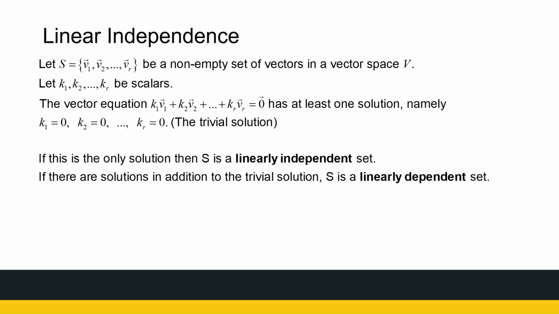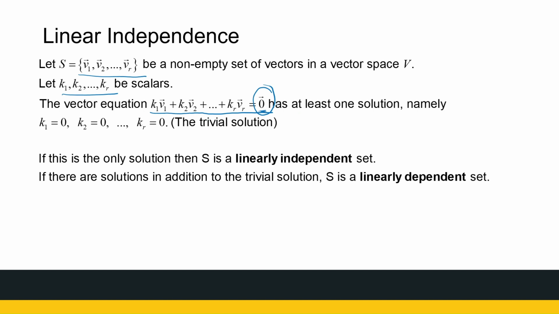So the formal definition of linear independence says that if I've got a set of vectors and scalars, then this vector equation, so linear combinations of all the vectors in S, if I set that equal to the 0 vector, normally that has at least one solution.